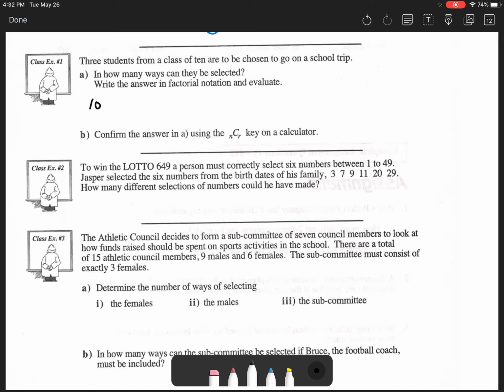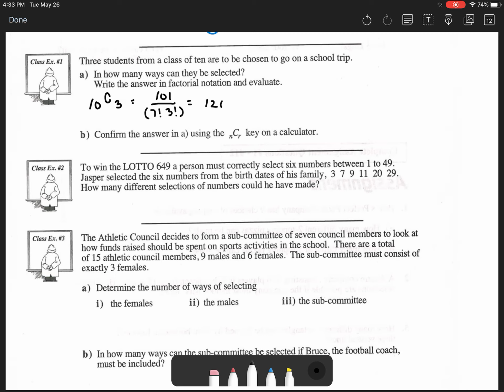So how would we do that? Well, there are how many students? 10 students in total, and you're selecting 3. So we're choosing 3, I'm not picking 3. If I take a look at that formula, that's 10 factorial all over (10 minus 3) factorial, which is 7 factorial, and then 3 factorial, right? I just follow that formula: n factorial over (n minus r) factorial.